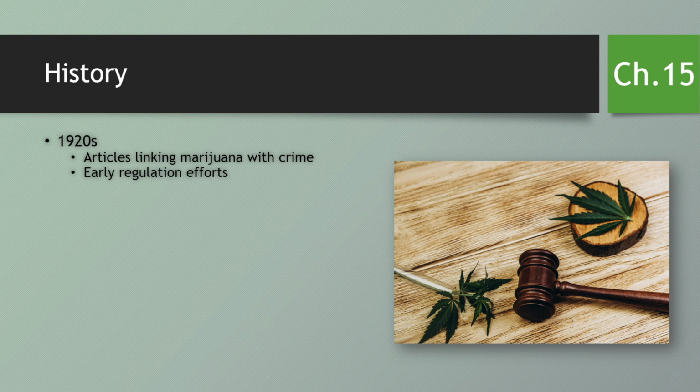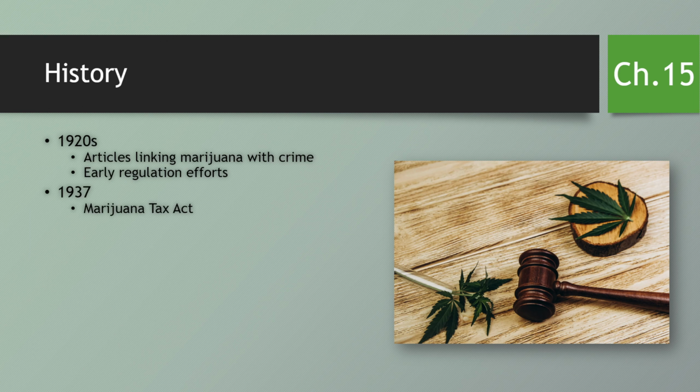This also induced some early regulation efforts. Because of this link to criminal behavior and increase in interest, there was more concern about the use of this drug, and so regulation increased.